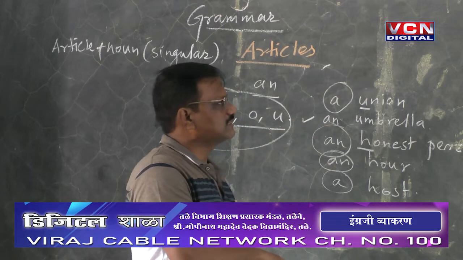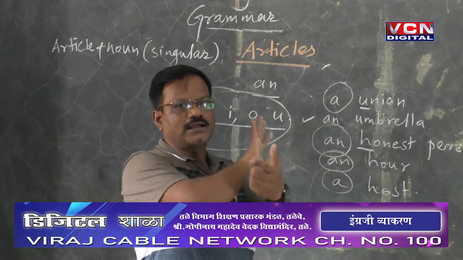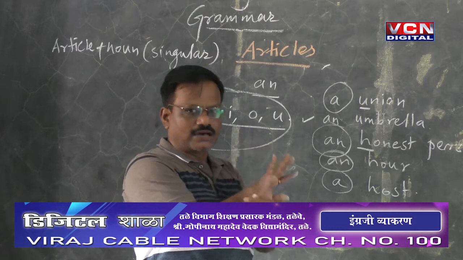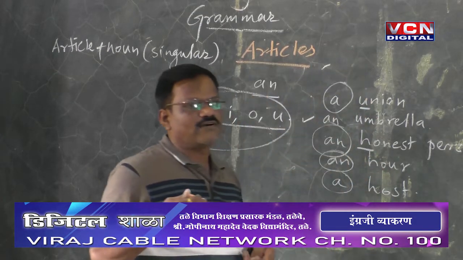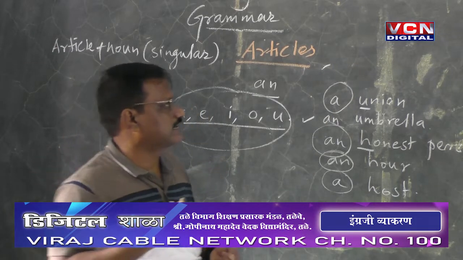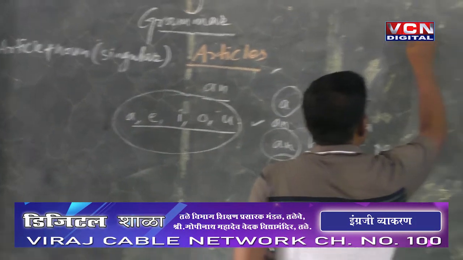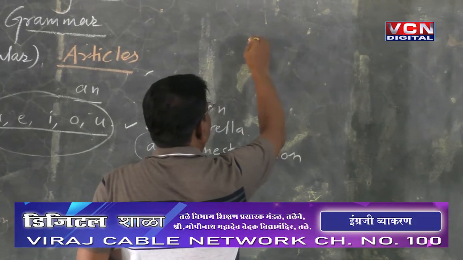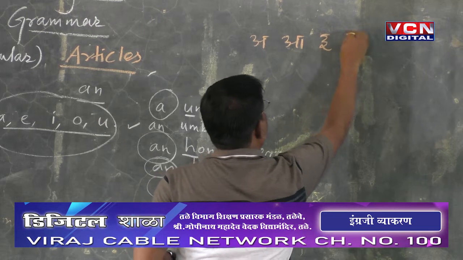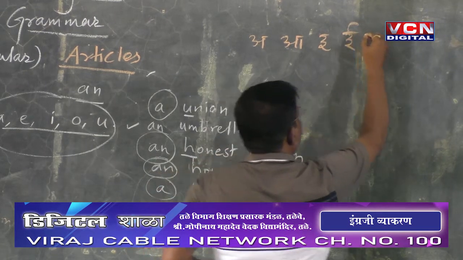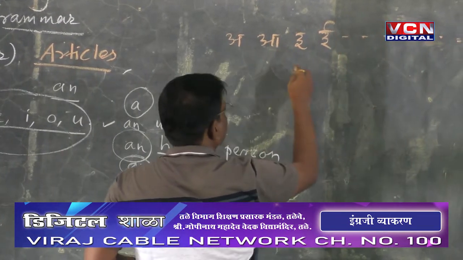First of all, let us learn from the point of view of our vernacular, the Marathi language. Let us consider the alphabets and vowels in Marathi. There are some vowels like A, E, like this, and so on until aha.